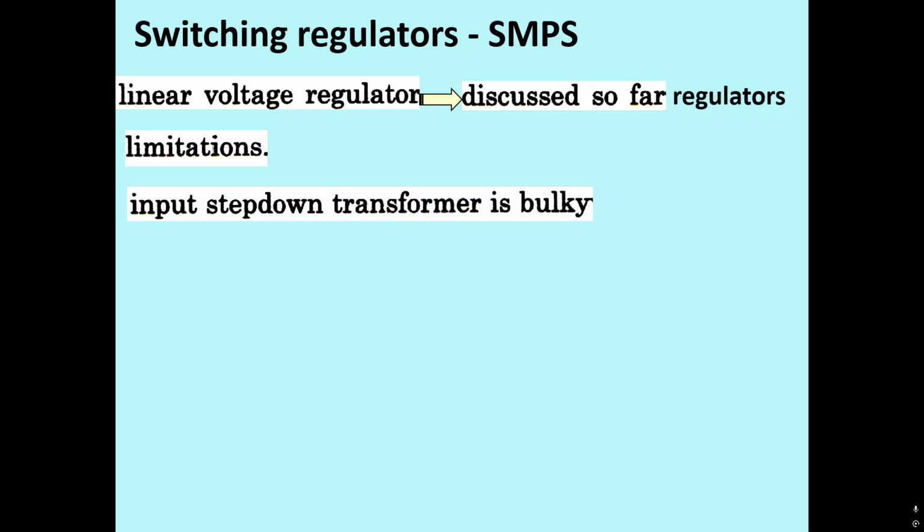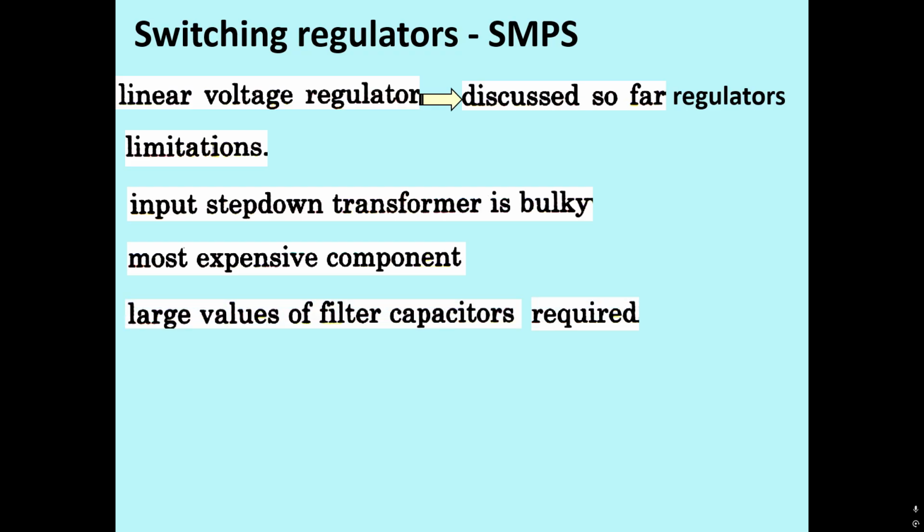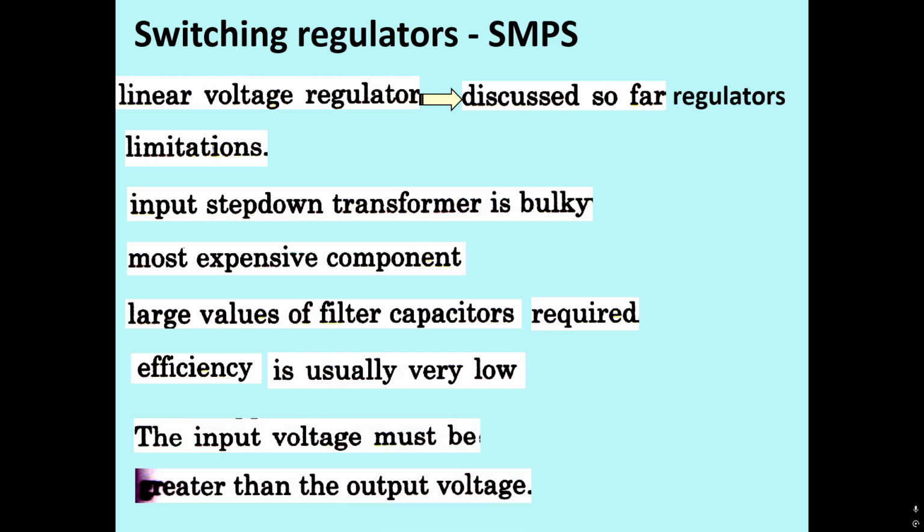Input step-down transformer is bulky and it is the most expensive component in the regulator. Large values of filter capacitors are required. Efficiency is usually very low. The input voltage must be greater than the output voltage.